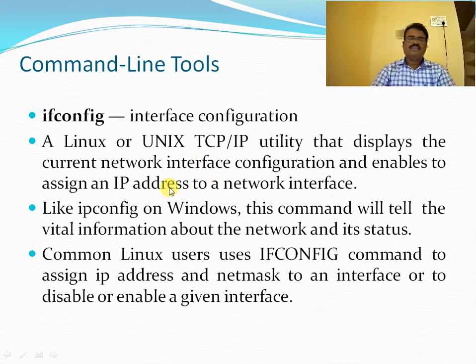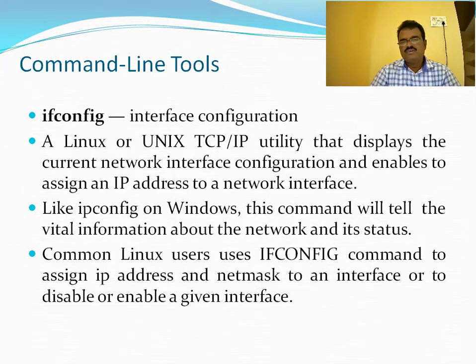Next one is a very important thing, ifconfig, and this is related to the Linux or Unix TCP/IP utility. So ifconfig is interface configuration. It's a Linux or Unix TCP/IP utility that displays the current network interface configuration and enables you to assign an IP address to a network interface.